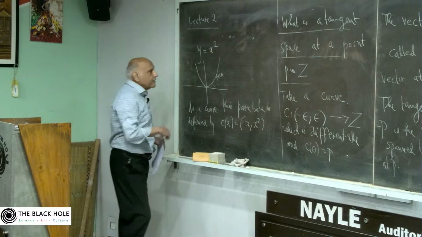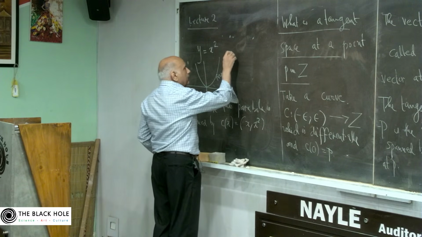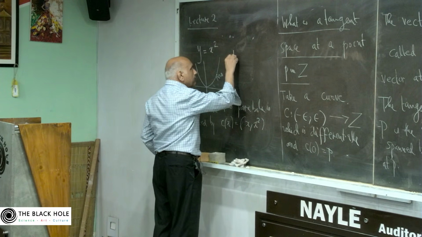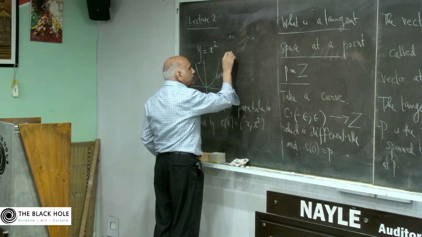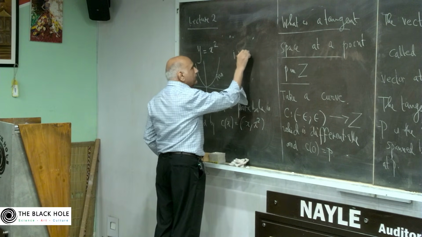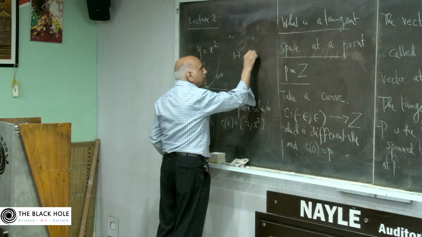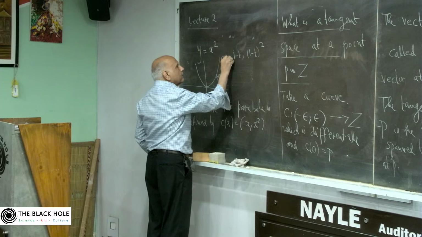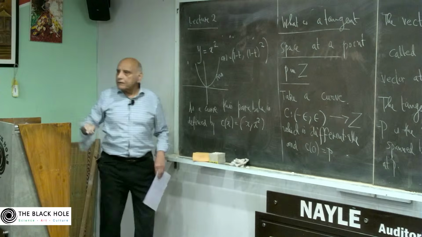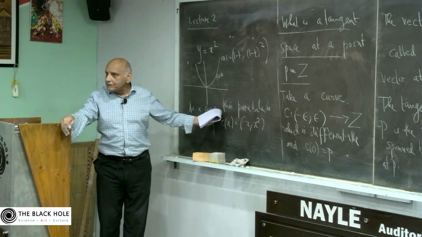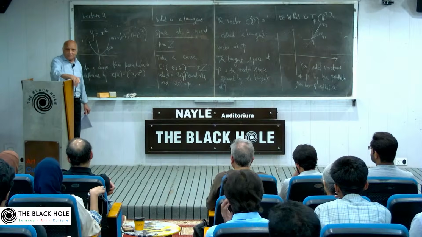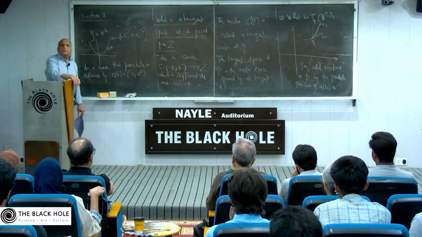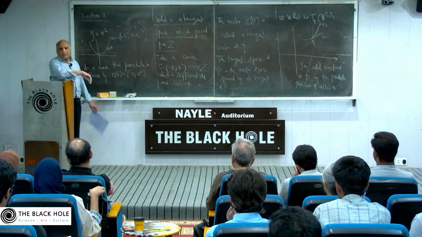So what would be, I can take 1 minus t, 1 minus t square. I put C of t. And now what is C of 0? 1 1. Yes. Is it clear now? So we just fix the base point for our convenience.